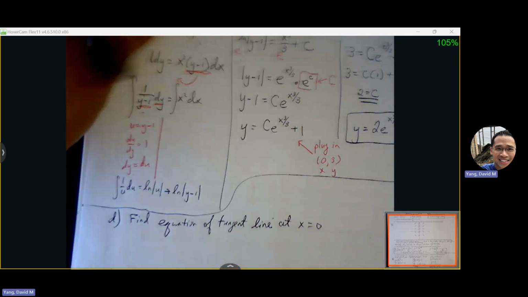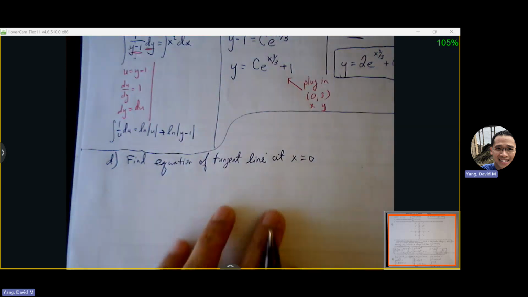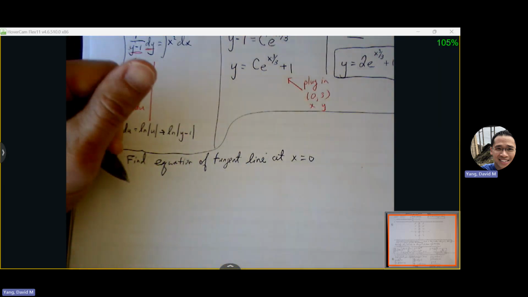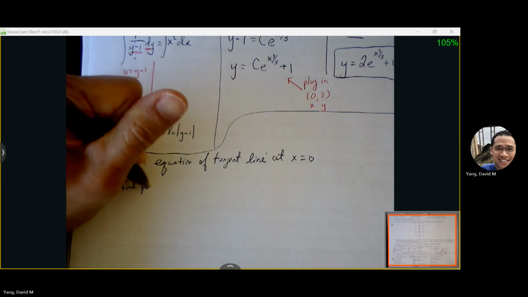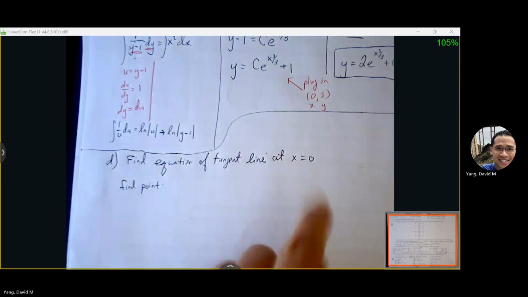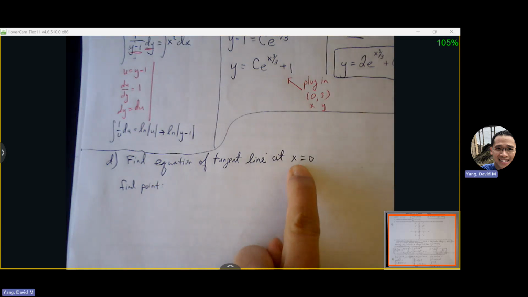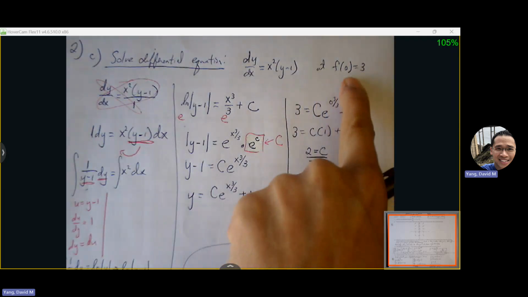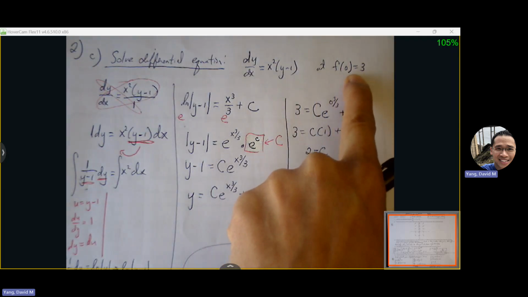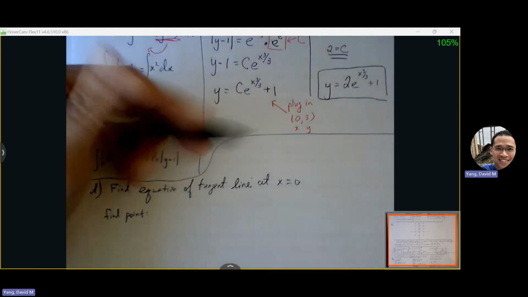We'll do this first part. Equation of tangent line, all you need is an ordered pair and slope. And we know the x value is 0. We may have to go back to part C and grab that ordered pair. We do have an ordered pair at (0, 3). So my ordered pair is (0, 3).